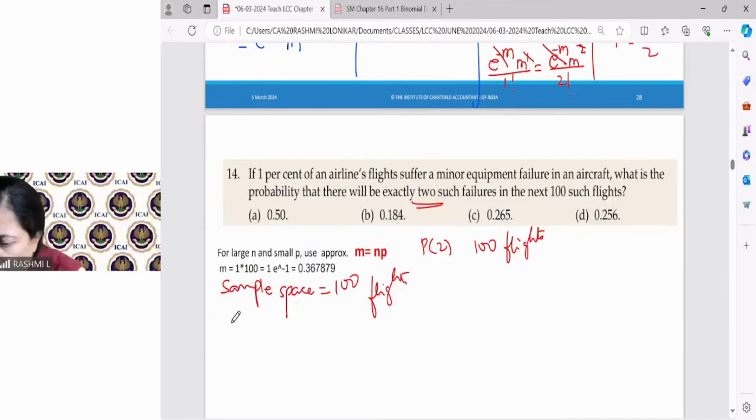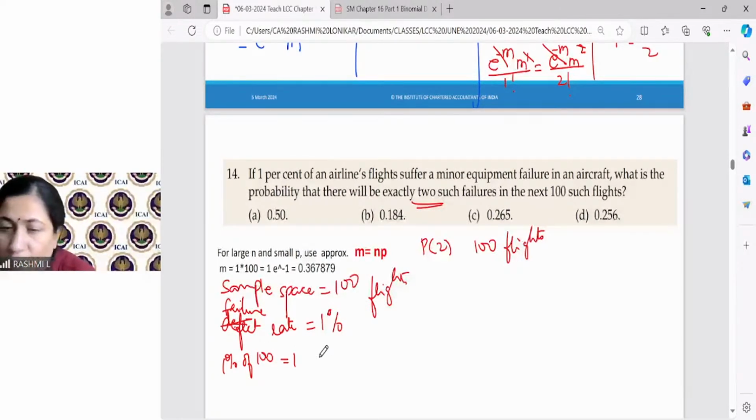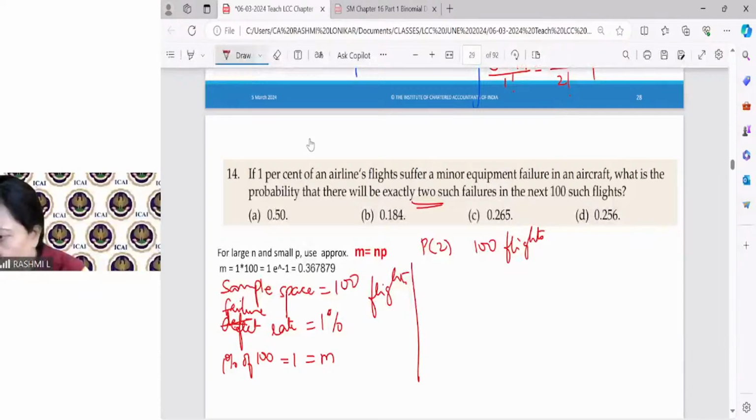What is my defect rate? 1%. Failure rate, not defect here, failure. So 1% of 100 is equal to 1, which is nothing but m.